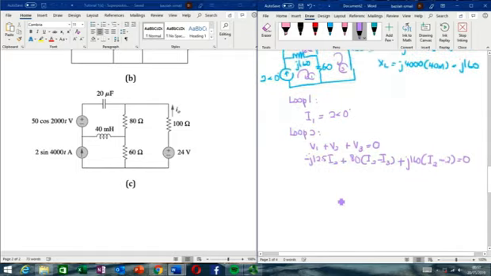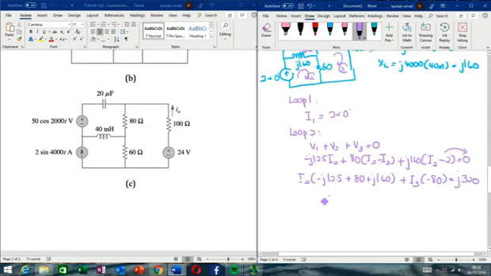Okay, so rearrange this equation. So for I2, negative j 12.5 plus 80 plus j 160. And for I3, we have negative 80. This one we transfer to the right hand side, so 160 multiplied with 2, so the minus will become positive, and this one is j 320.